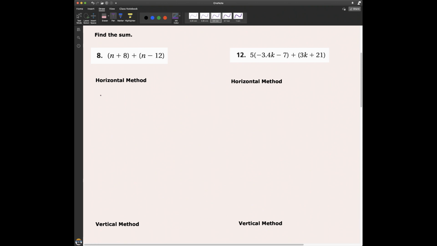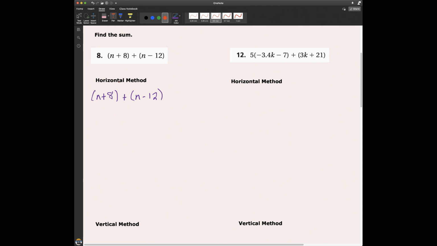So in the horizontal method, let me just write this problem down. (n + 8) + (n - 12). So what I'm looking to do first is see if I can get rid of these parentheses.